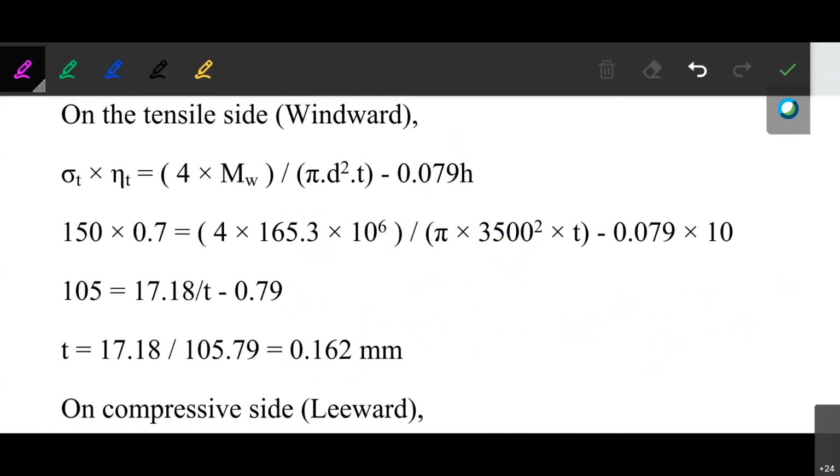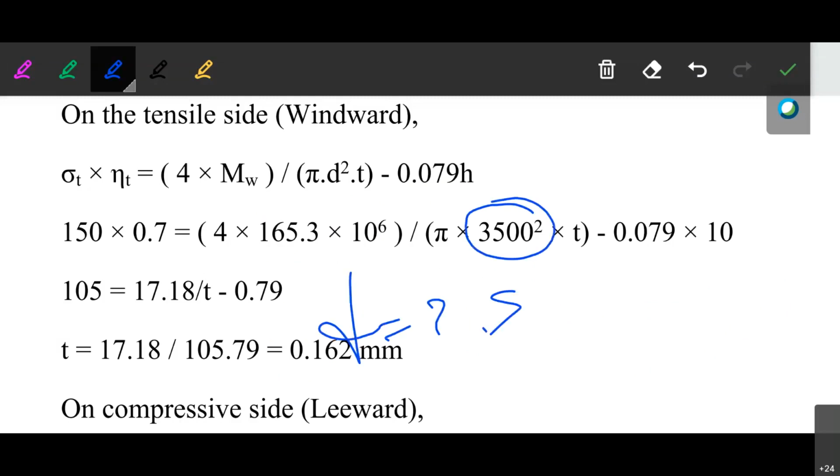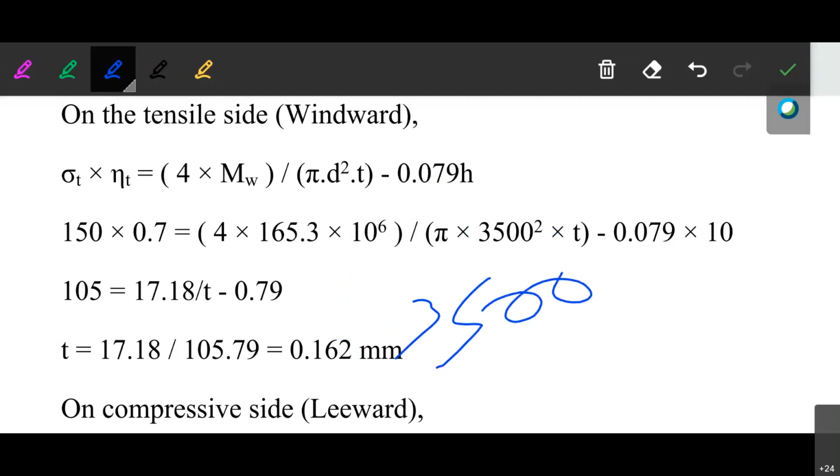Therefore 165.3 multiplied by 10 raised to 6 for the calculations of the movement due to the wind load. Similarly, the value of d was 3.5 meter, so converting it into mm, that is 3500.